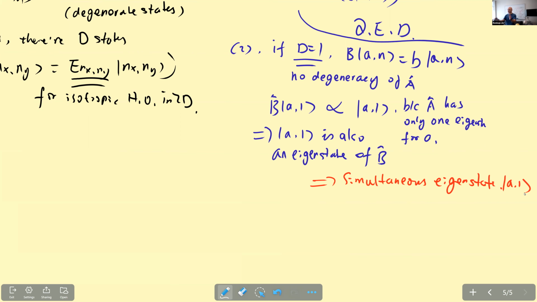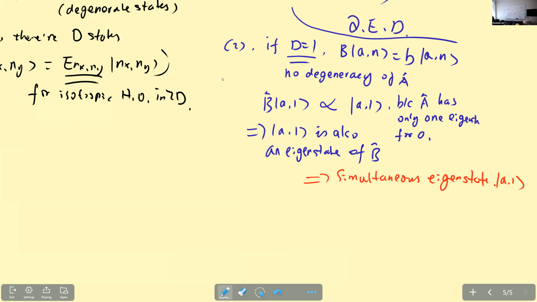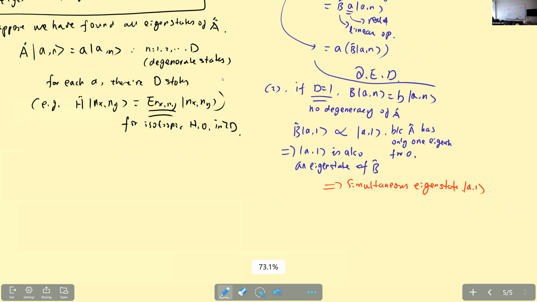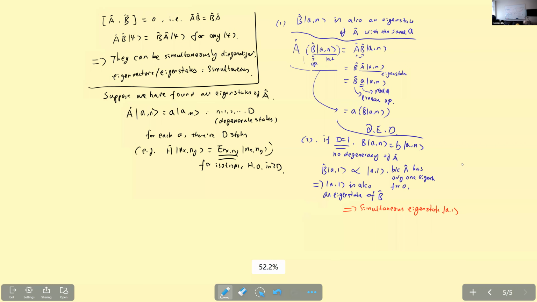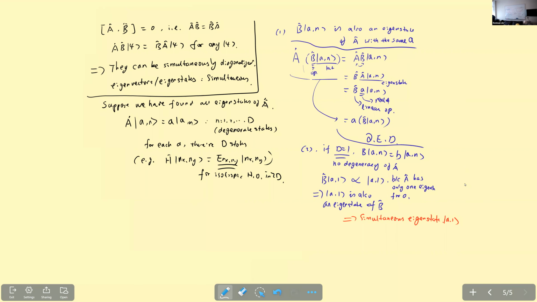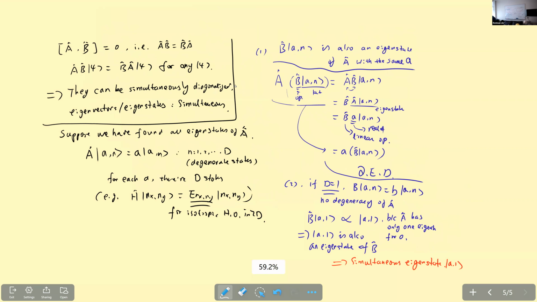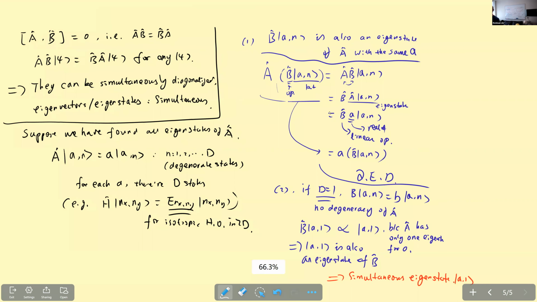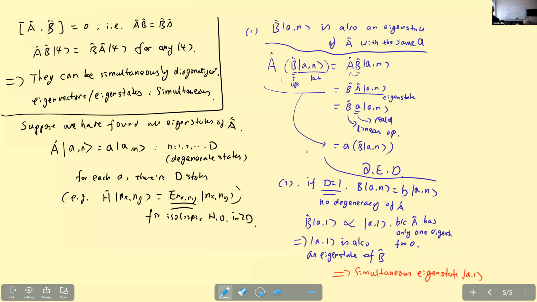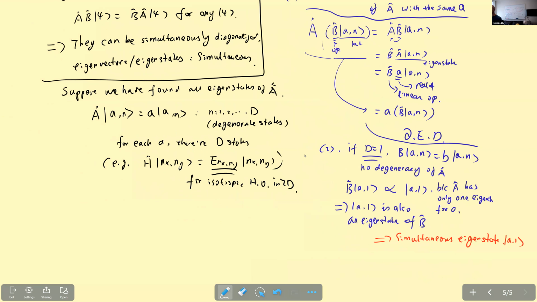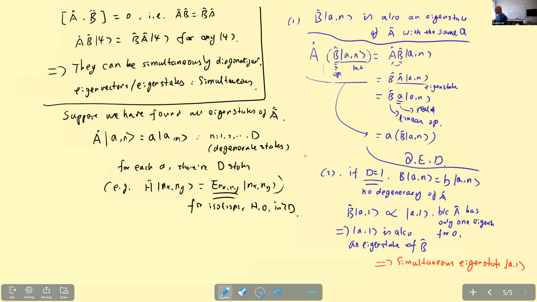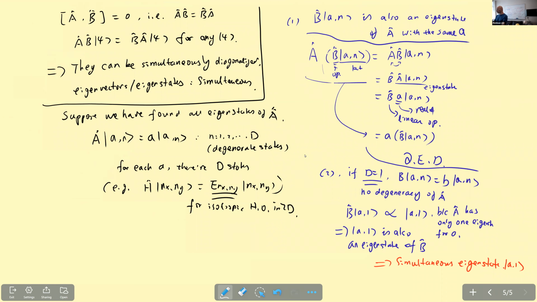So in this case, if there's no degeneracy, you immediately find that this state A1 is not only the eigenstate of A, but also an eigenstate of B. Right. But of course, what if they have more than one state?